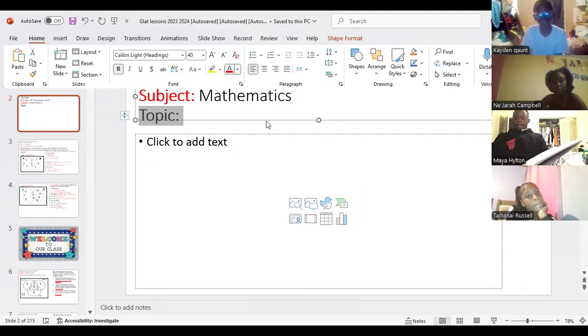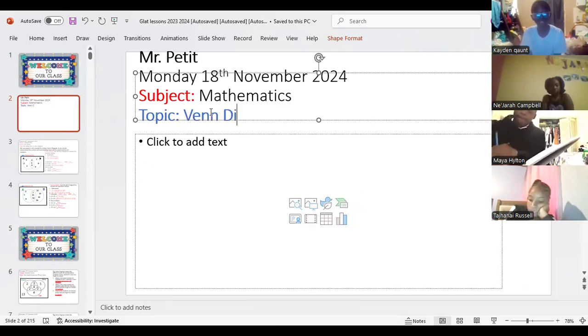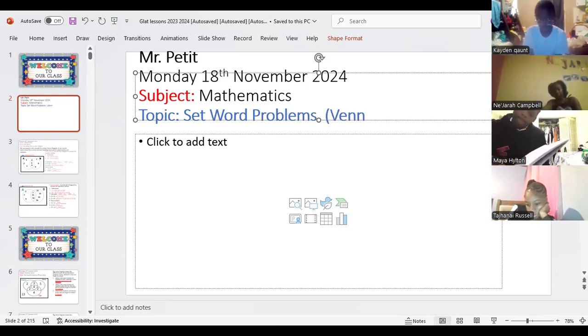Yes, sir. We're going to be looking at Venn diagrams. Let me just call it what it is, sets. So set word problems. And this is with Venn diagrams. Has anyone ever seen a Venn diagram before? You know how it looks?